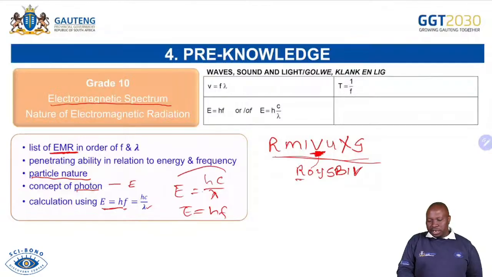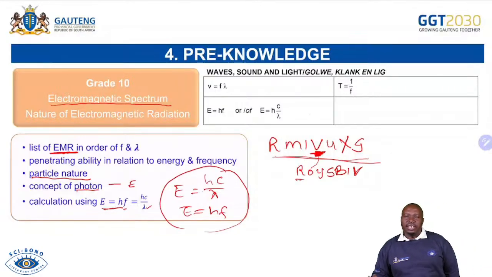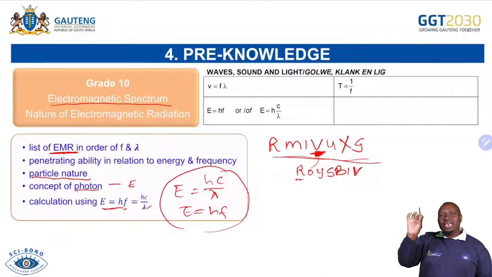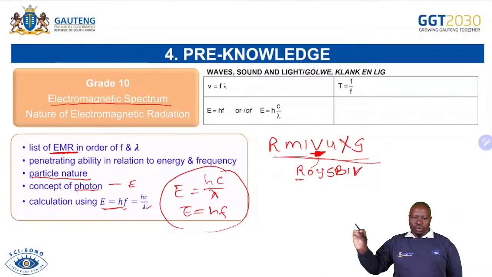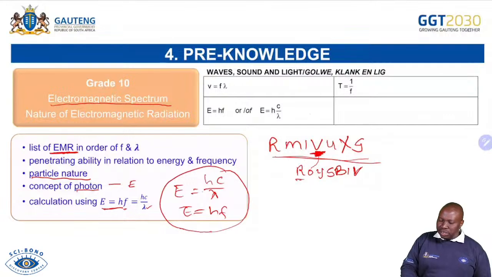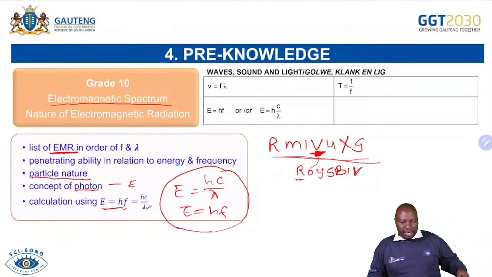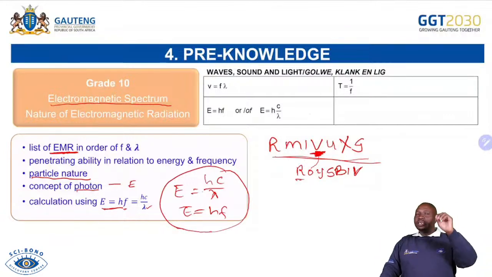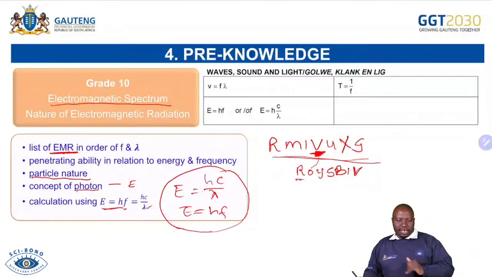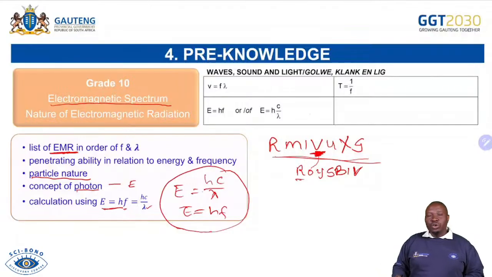Hence, it's always important that we emphasize, always do your data collection. What are we given, so that you know how to solve the problem. That is the first problem solving skill for physical sciences, to say you must always do data collection. Now, this is what we have done in grade 10. Remember, when we were doing the waves, you had the formula v equals f lambda.